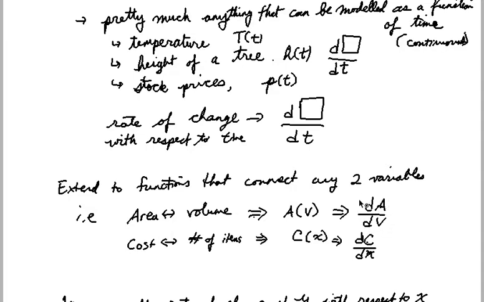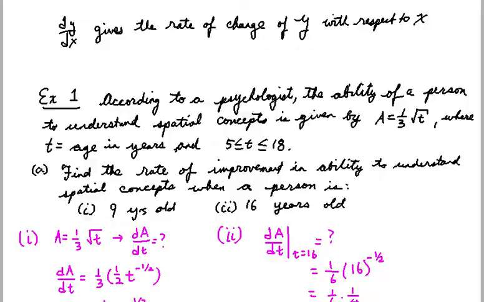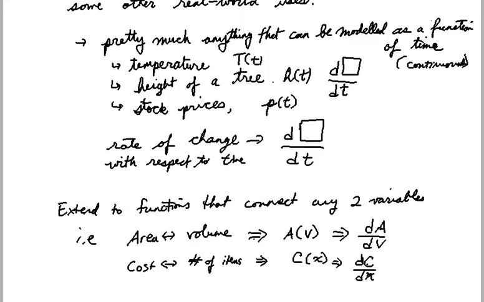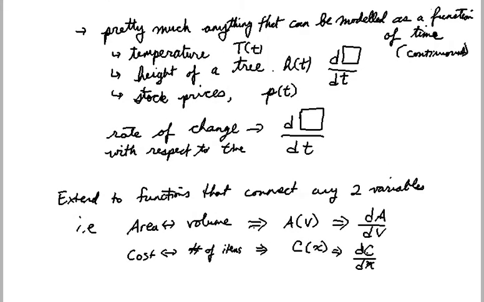I could use derivatives to calculate that. Same thing with this example. If I had a cost and number of items, and I could create a function between these two, with x as my independent variable, then I can take the derivative of that.